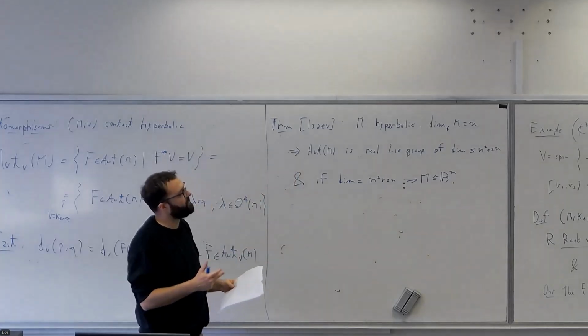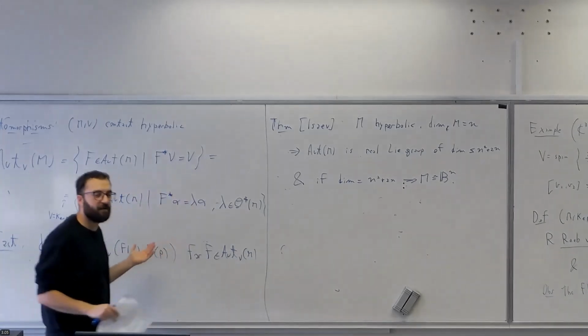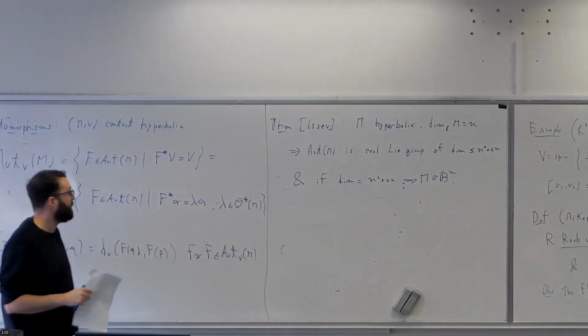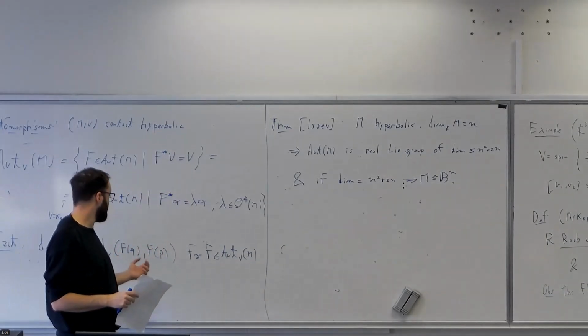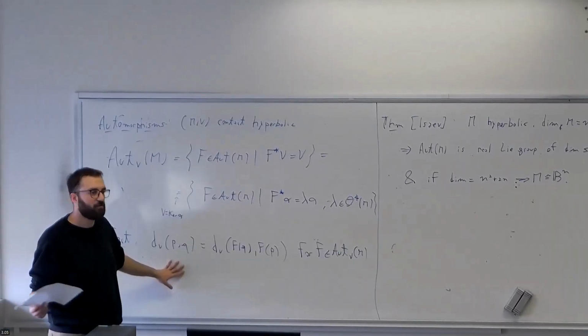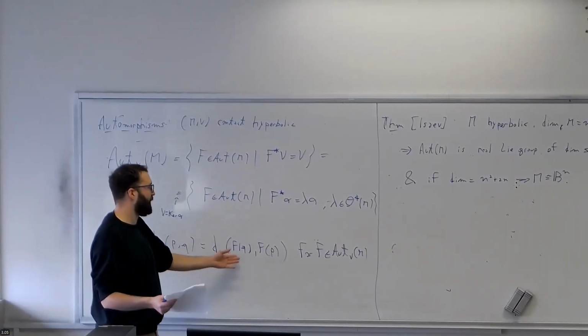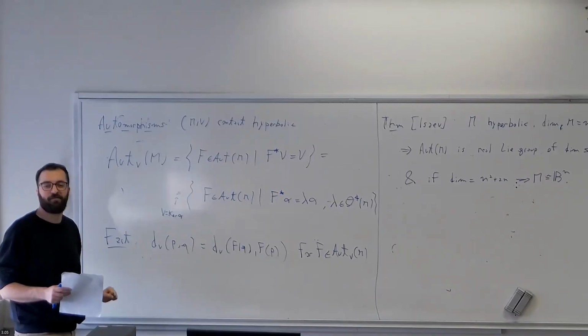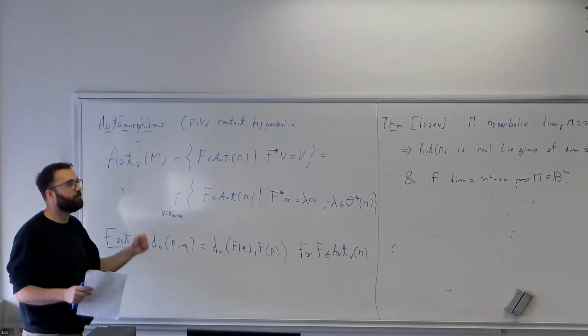So when I saw this, I thought there must be something similar, something underneath, because the first thing they use is a theorem by Bochner that tells you that if you have a group of isometries, then this is a real Lie group of finite dimension.